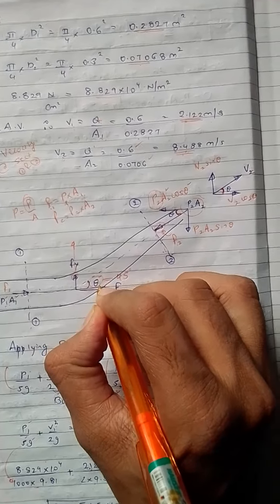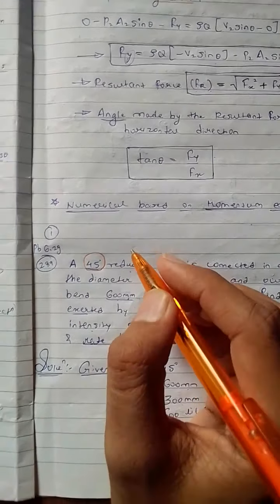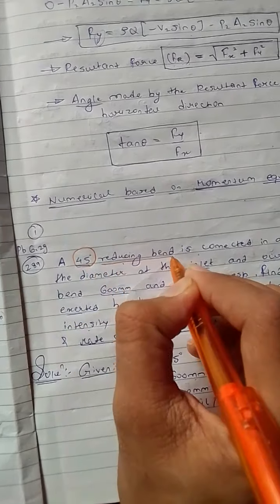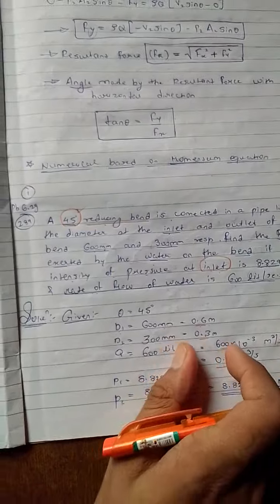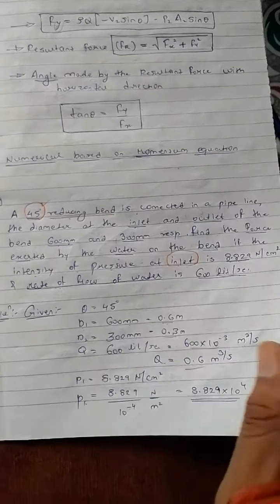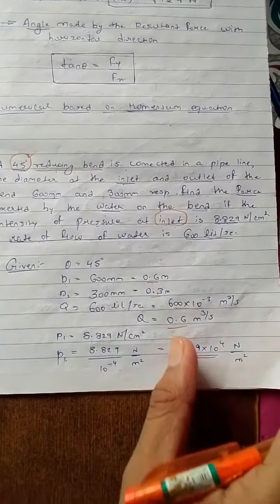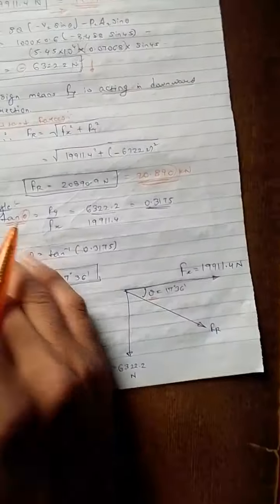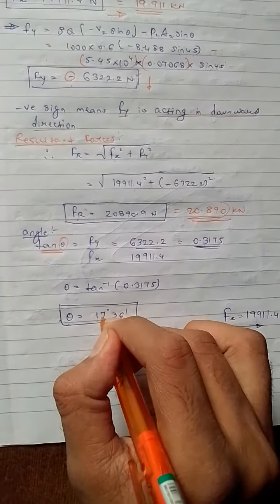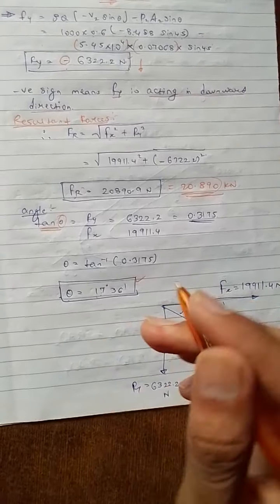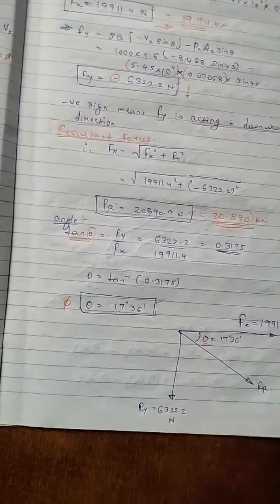It is a reducing bend which is given in the question, a 45 degree reducing bend. मतलब क्या, जो क्वेश्चन में अगर तुम लोग को रेड्यूसिंग बेंड दिया हुआ है, तो ये जो थीटा है वो पाइप बेंड का है, जो 45 डिग्री से बेंड हो रहा है। और जब क्वेश्चन में पूछा है फाइंड द डायरेक्शन, तो वो रिजल्टेंट फोर्स का डायरेक्शन पूछ रहा है, यानी रिजल्टेंट फोर्स कितने एंगल से एक्ट हो रहा है वो हमें निकालना है। तो ये जो Fr है, वो कितने एंगल में लग रहा है, वो ये थीटा है। करेक्ट? अगर तुम लोग को कन्फ्यूजन होता रहे तो you can use this as phi or anything, it's just notation.